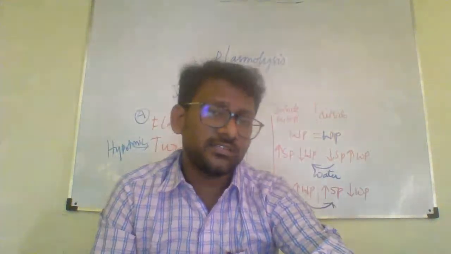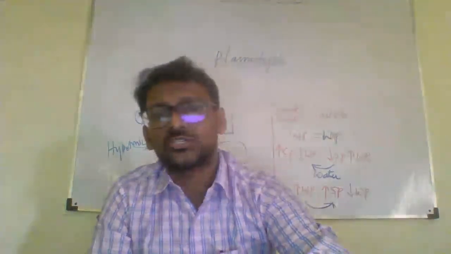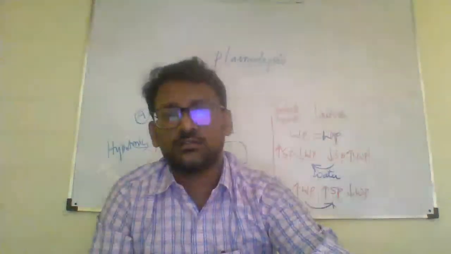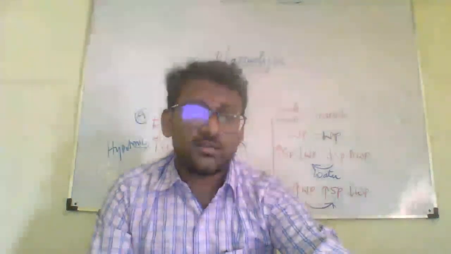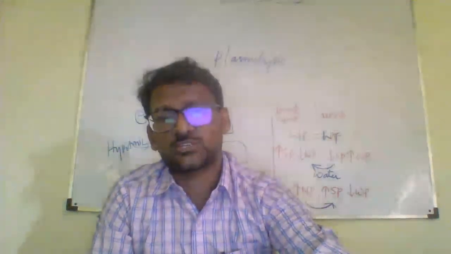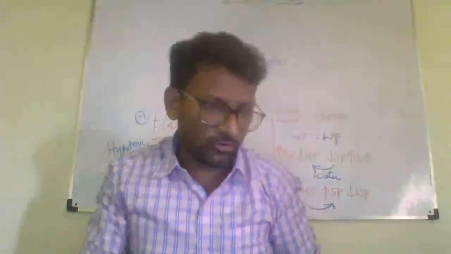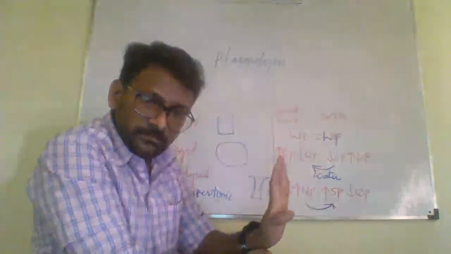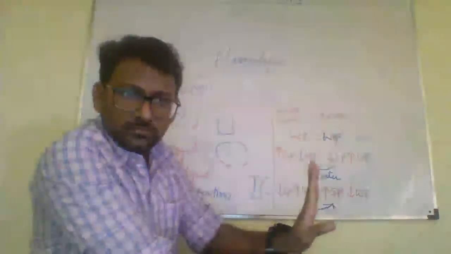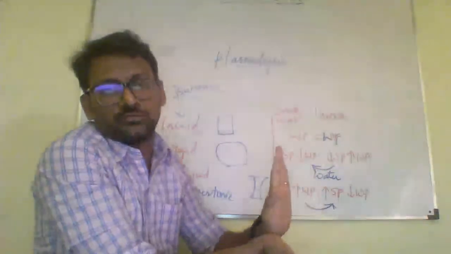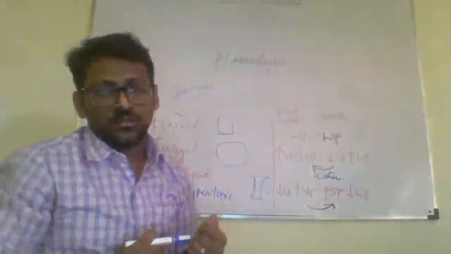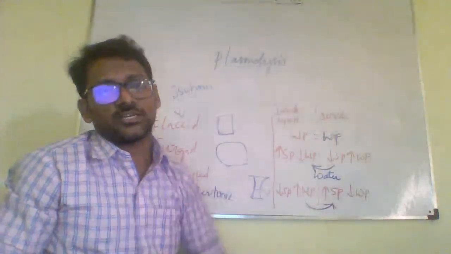Okay. And the bulk flow can be achieved through a positive hydrostatic pressure gradient, right? Or a negative hydrostatic pressure gradient. So either we can create this bulk flow movement by pushing, that is nothing but the positive kind of force, or by a pulling force, negative hydrostatic pressure.